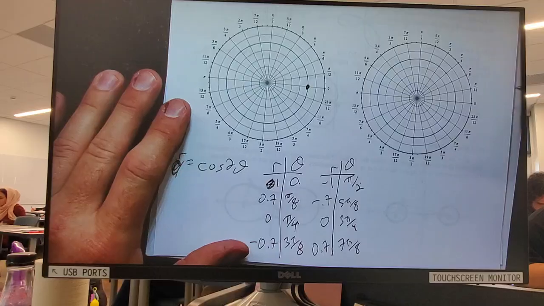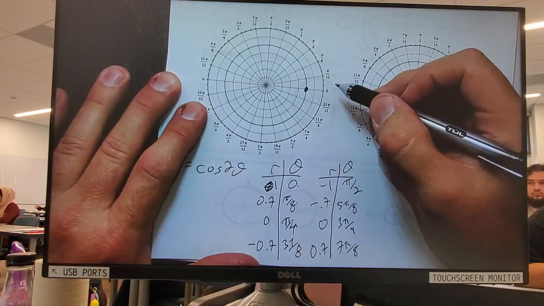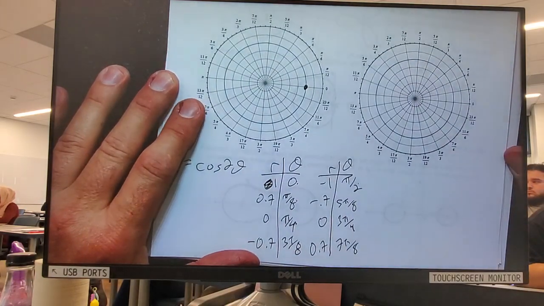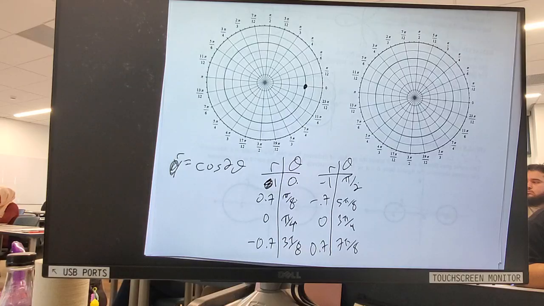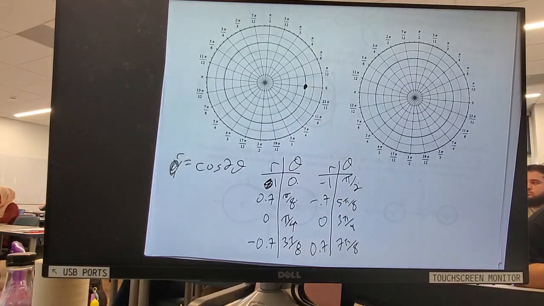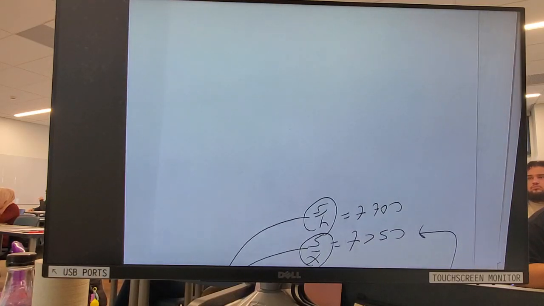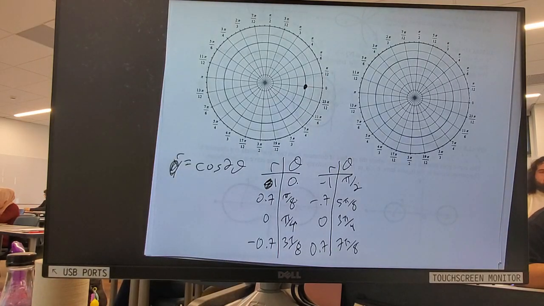Where would pi over 8 be? For the point sevens, right? Is it root 2 over 2? Yep. And again, the problem we did a minute ago, it had a 2 out front.